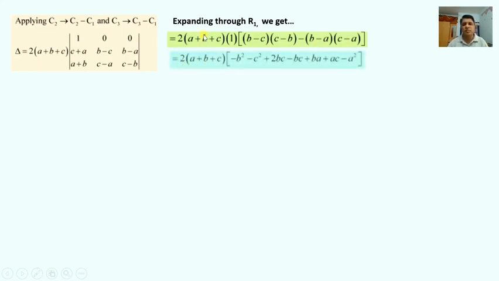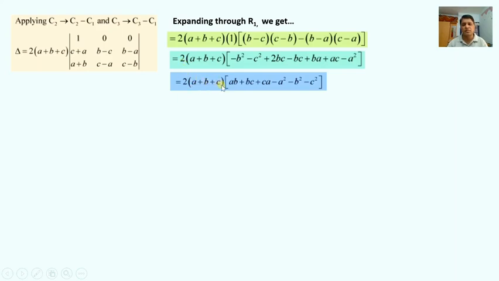So twice of A plus B plus C is as it is, and then B into B minus B square minus C square, and then this B into C, and minus minus plus, B into C, so twice of BC, and then here also minus BC, and minus minus plus BA, and then minus minus plus AC, so A into A square minus. So go for the next step.